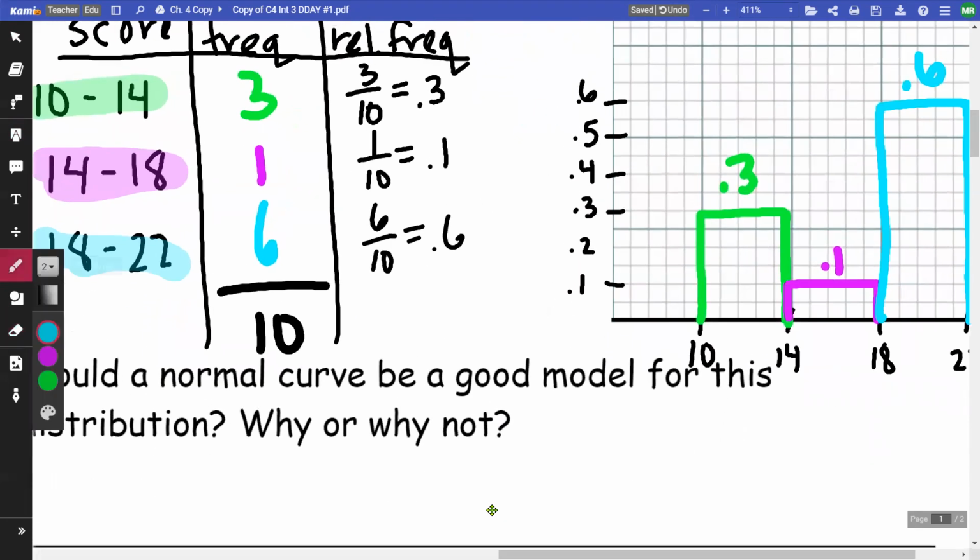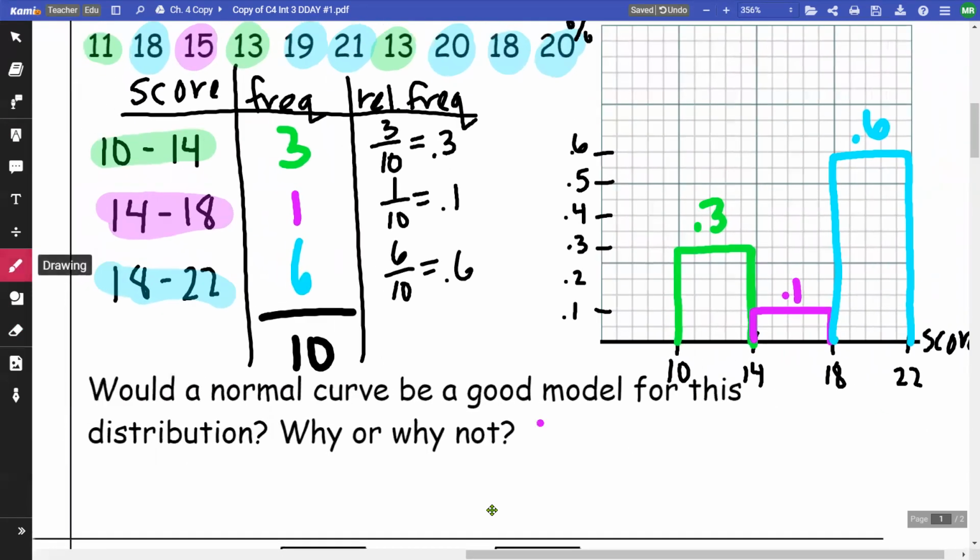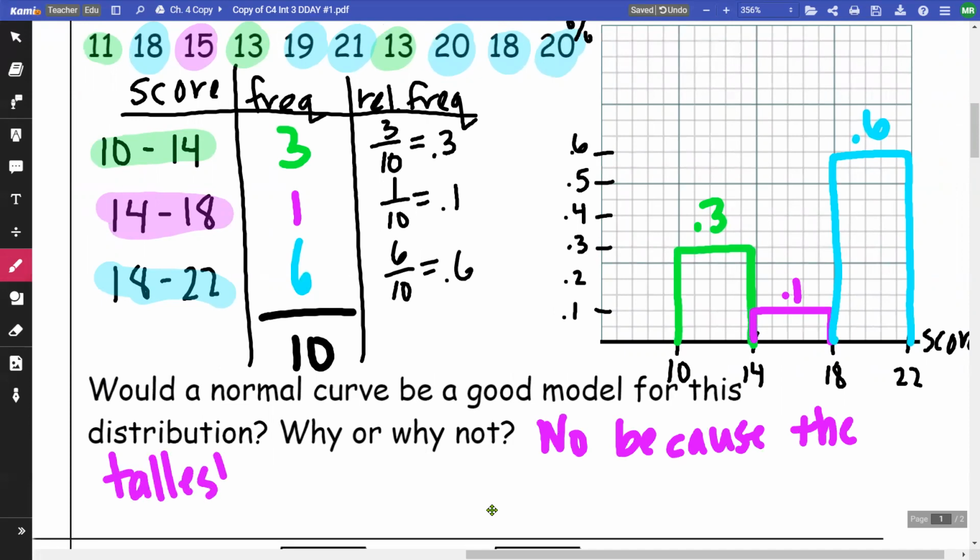So would this be a good model for a normal distribution? No, because the tallest bar is not in the middle.